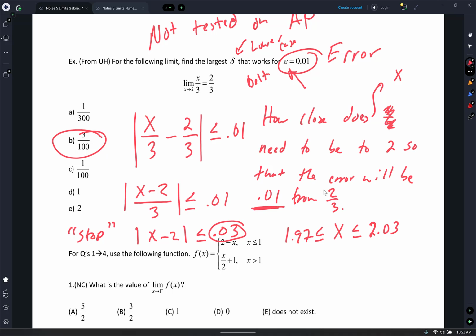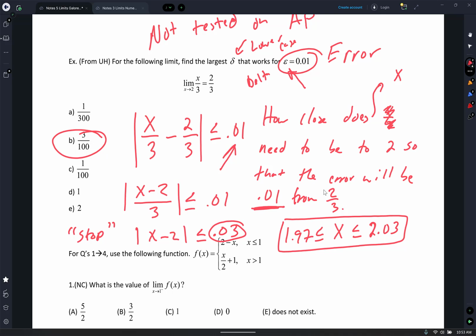There, that's the correct analysis. Okay, cool or not cool? This is how close x must be. If you're between 1.97 and 2.03, you will have an error less than 0.01. You guys don't find this exciting?